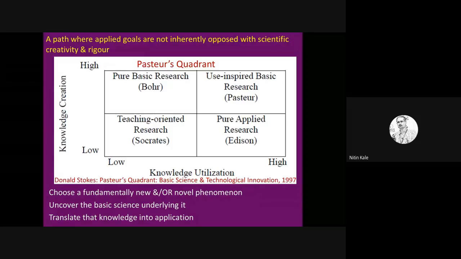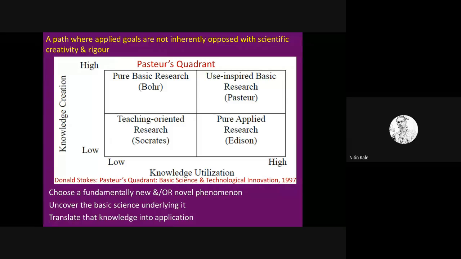It first talks about a situation which he calls teaching-oriented research. The example is the great philosopher Socrates. In his case, knowledge creation is less and knowledge utilization is also less.